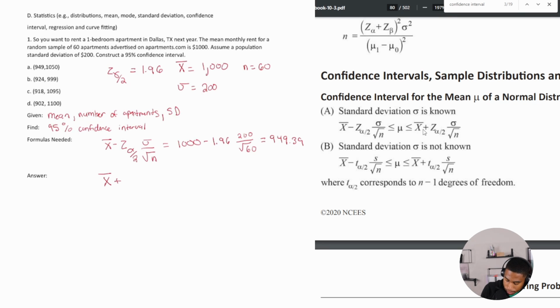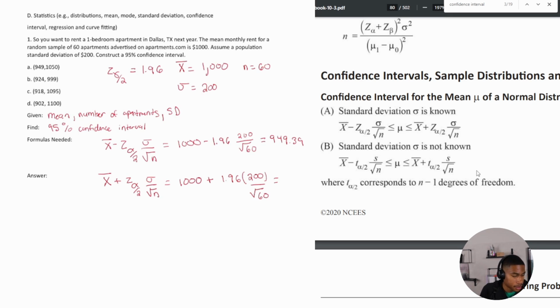So x bar plus z alpha divided by 2 times standard deviation over the square root of n. And that's going to equal 1,000 plus 1.96 times 200 divided by the square root of 60.